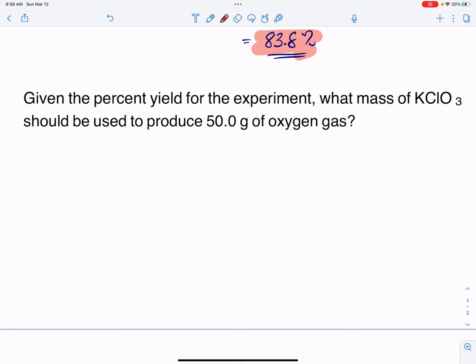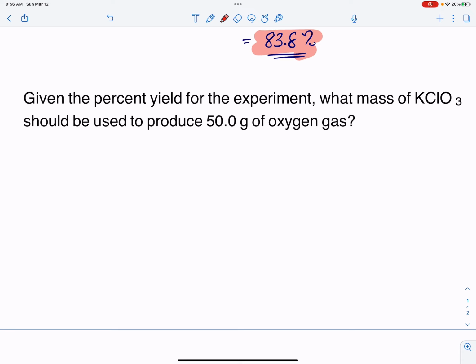So they need to make 50 grams of oxygen. They have to have that at the end, but they're only going to make 83.8% of what they aim to make, right? The percent yield is only 83.8%. There's more than one way to do this question, but let me start with this.